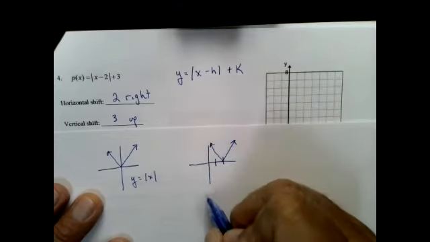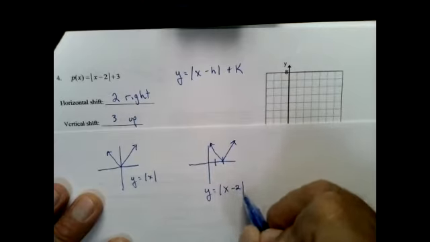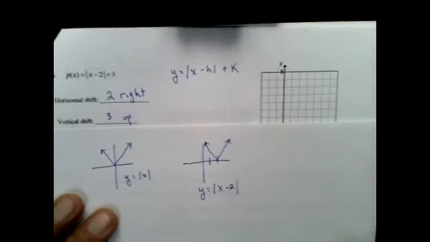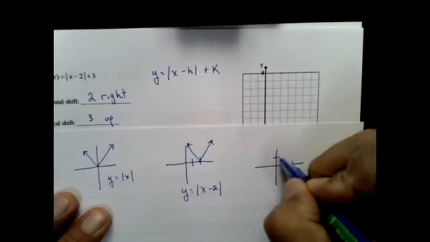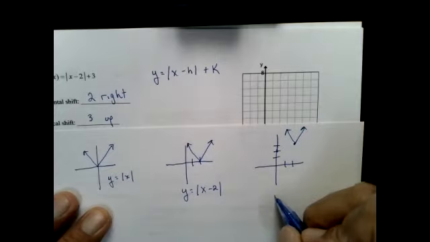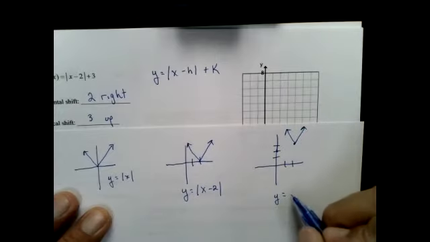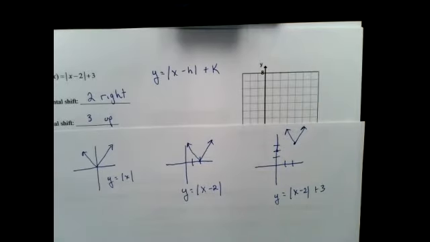This is a graph of y equals the absolute value of x minus 2. Last graph. Over 2. Up 3. Same shape. That would be the graph of y equals the absolute value of x minus 2 plus 3.